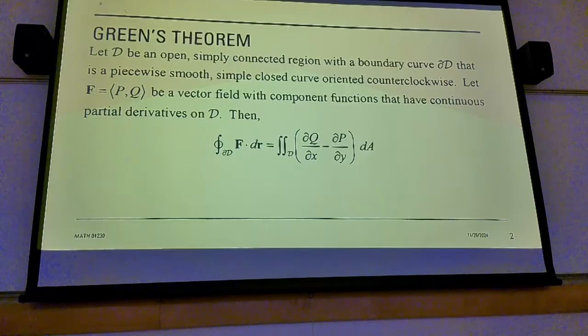Is the double integral over D of partial Q partial X minus partial P partial Y. So Green's theorem allows us to write circulation of a vector field as a double integral.